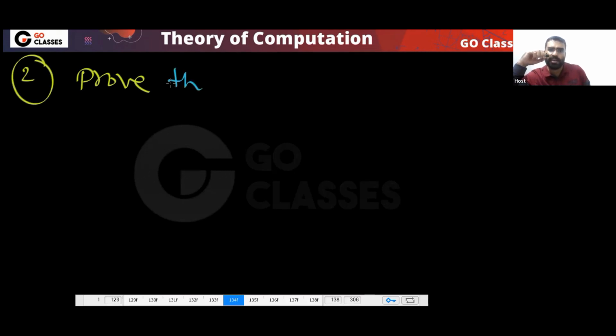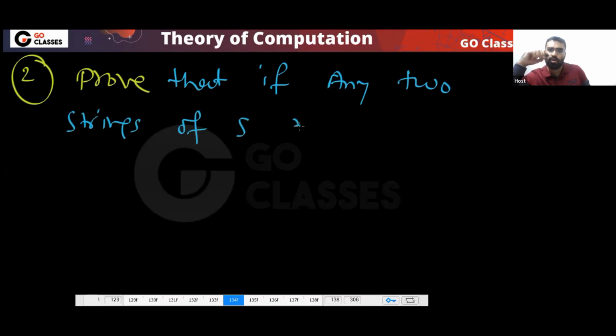Point 2: prove that if any two strings of S go to the same state, then what will happen?